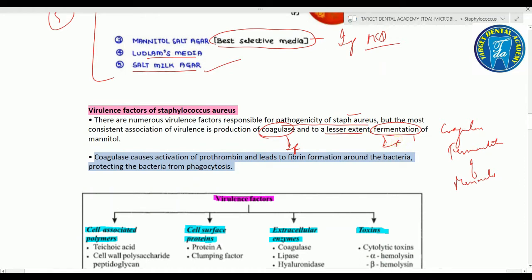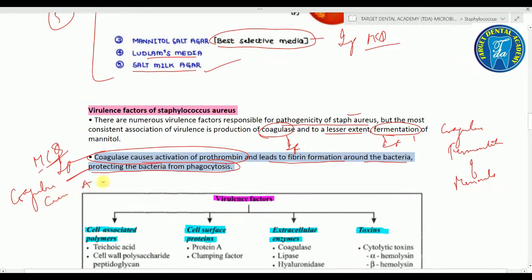Important: coagulase causes the activation of prothrombin, and it leads to fibrin formation around the bacteria, which protects the bacteria from phagocytosis. This line is important.